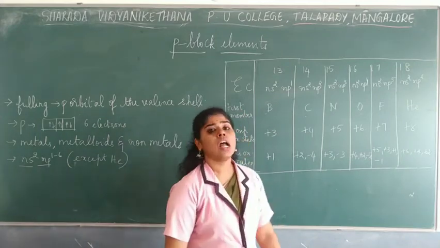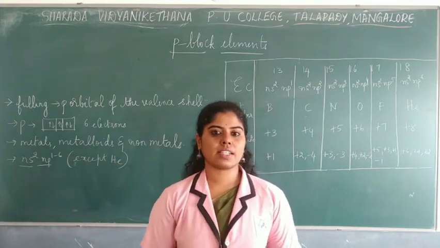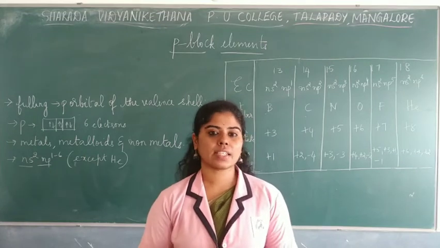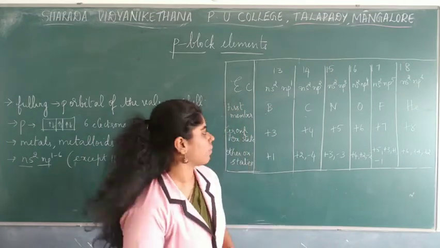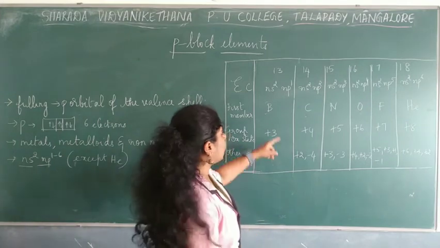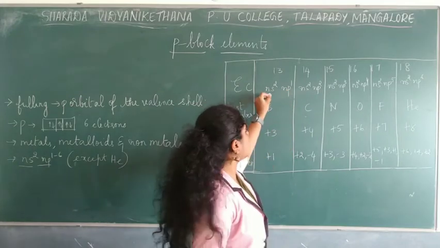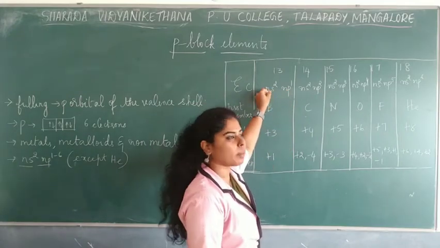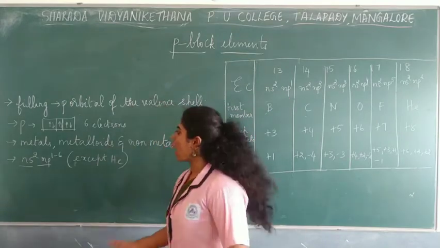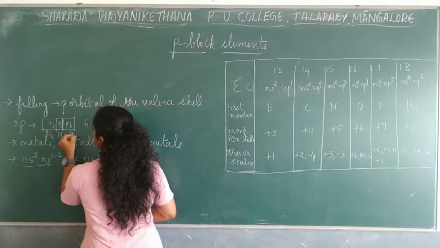Now first of all, talking about p block elements, their oxidation states would be equal to the number of valence electrons present in their outermost shell. Suppose I have written here group oxidation state, which means the number of electrons present in their shell. Here you have 2 in the s orbital and 1 p orbital, which means in p you have 3 orbitals, which is nothing but px, py and pz.